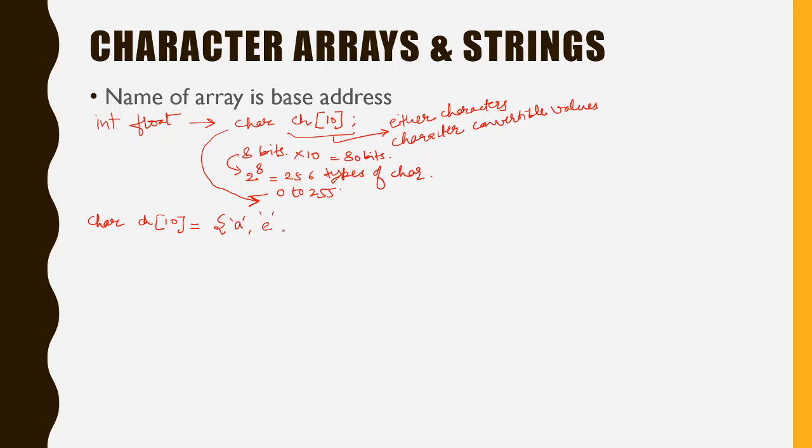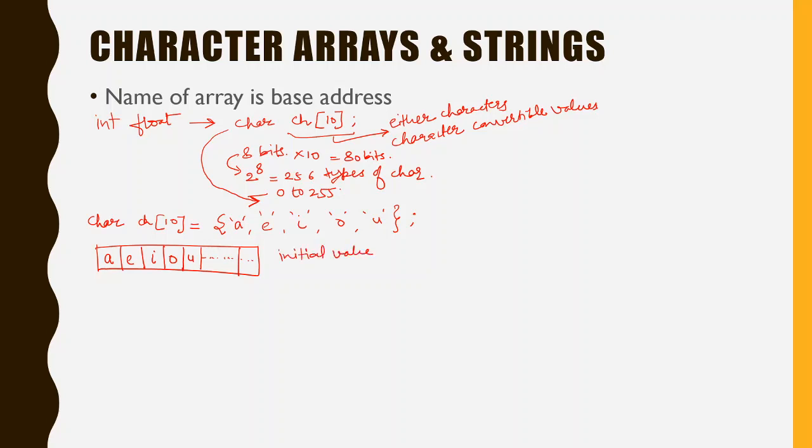So a, e, i, o, u. If I write an array of characters with these values, it means in memory we have space for 10 characters, and the first 5 spaces have been filled using these values, and the remaining spaces are initialized with the initial value.